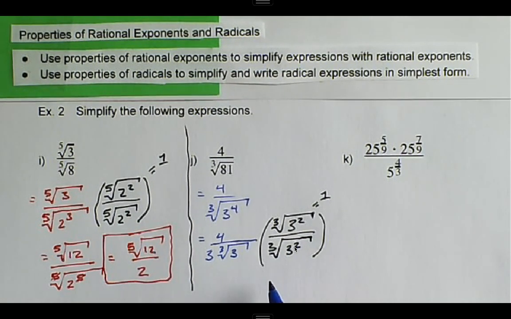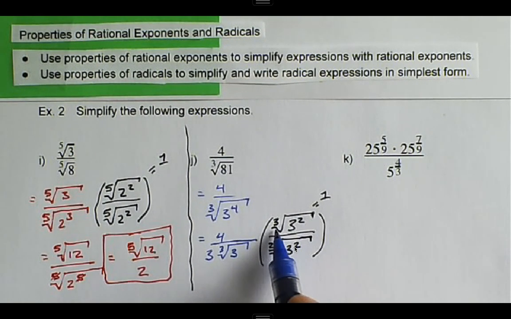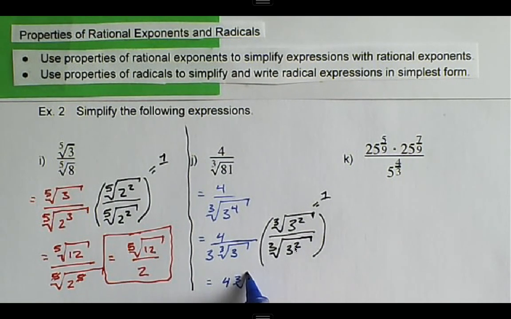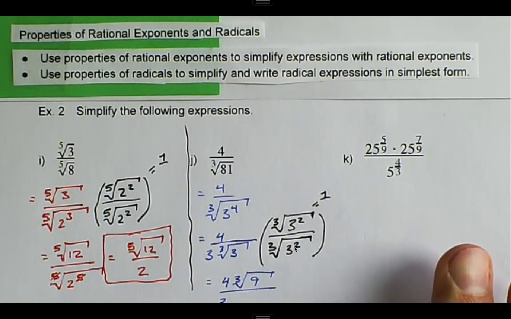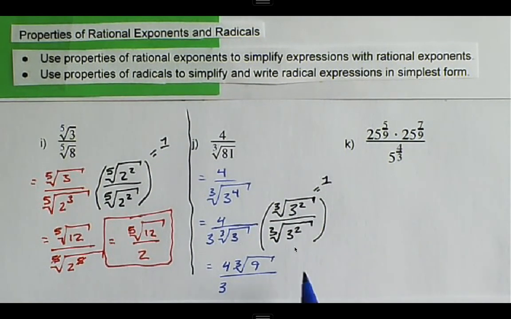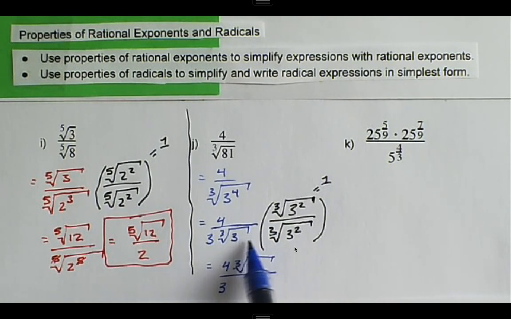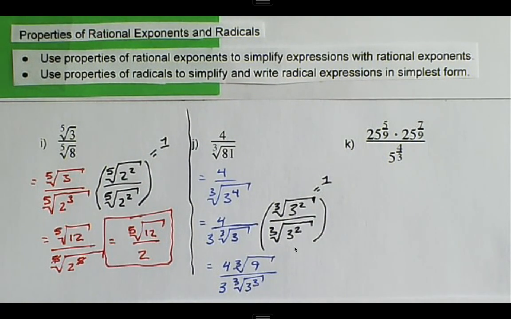So we go to multiply this out. We get 4 times the third root of 3 squared. 3 squared is 9. So that's exactly what we're going to have in the numerator, 4 times the third root of 9. And then in the denominator, we have 3. So that's that 3 there. And then we have the third root of 3 times the third root of 3 squared, that becomes the third root of 3 cubed.